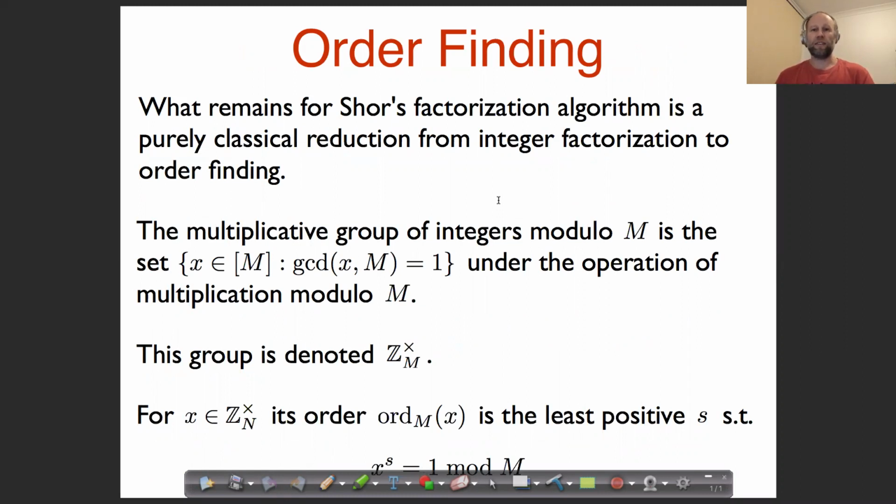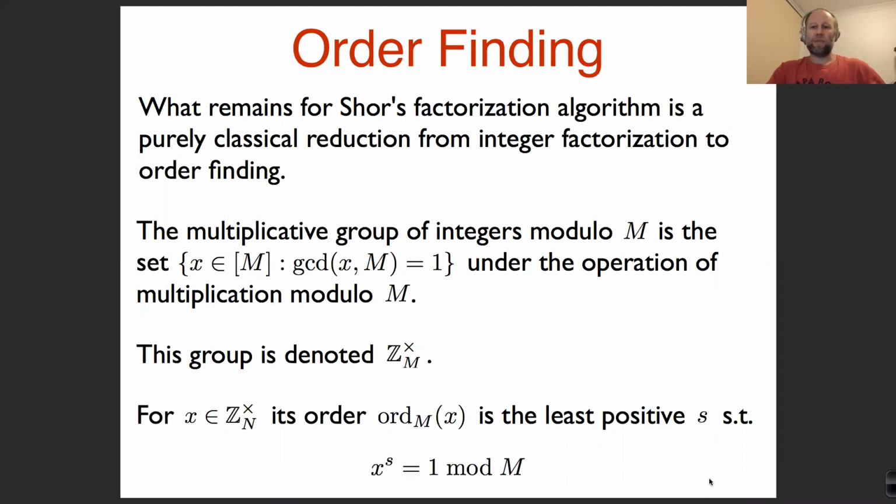This is the set of integers which are relatively prime to m and are between 0 and m minus 1, under the operation of multiplication modulo m. I'm going to denote this group like this, and read it as Z_m times.